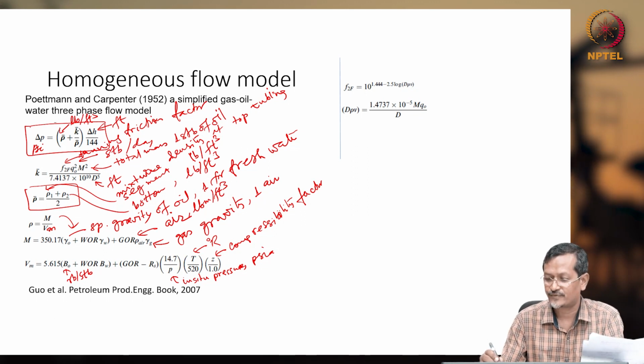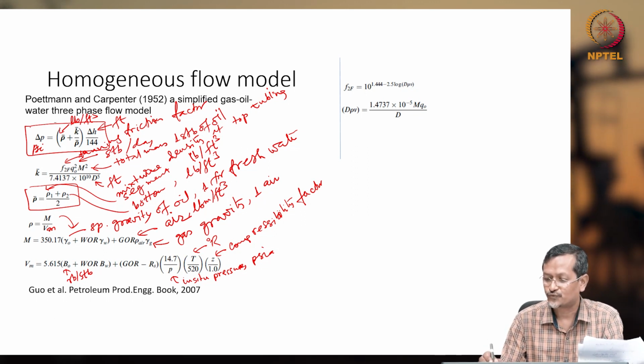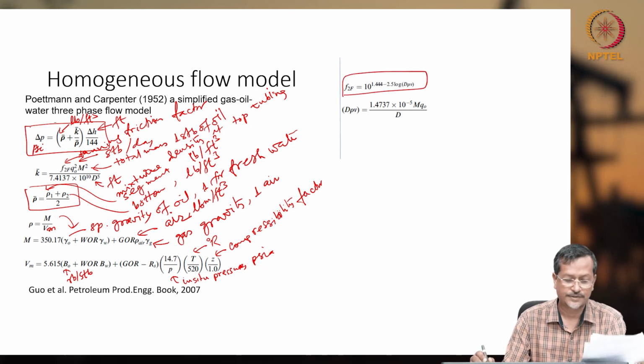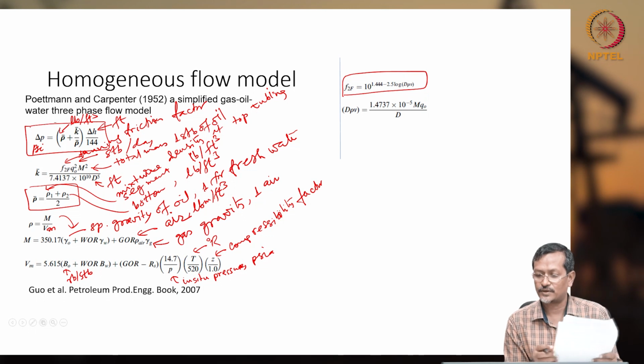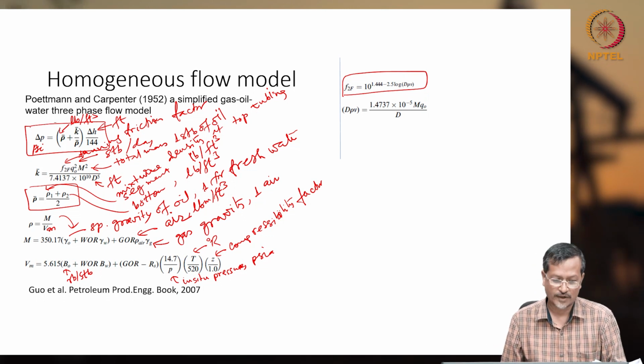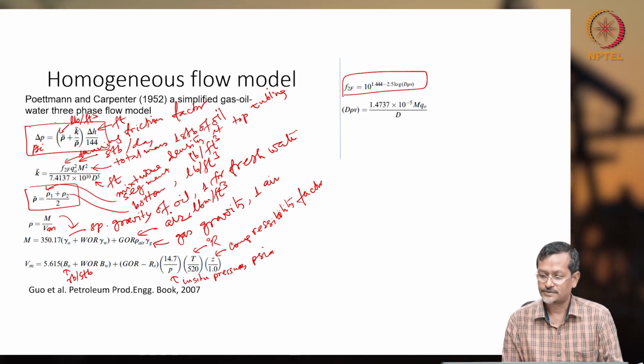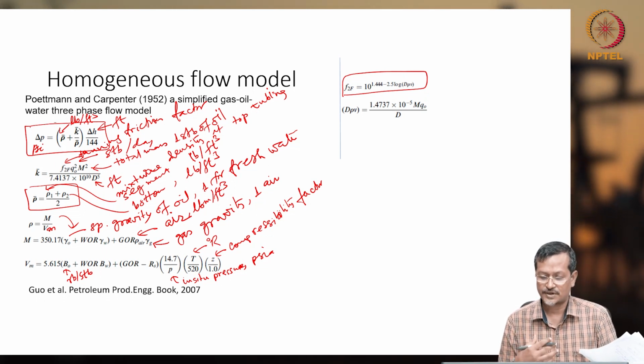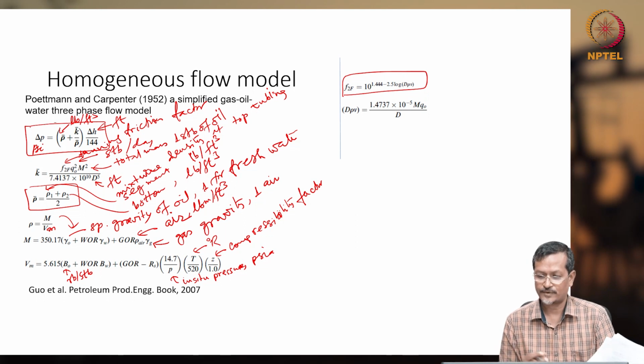Fanning friction factor can be found from 10 power 1.44, 2.5 log D rho V. This formula was developed by Guo and Ghalambor, the authors of the book, just to avoid the chart. Poettmann and Carpenter gave one chart for finding f, but they developed this formula.